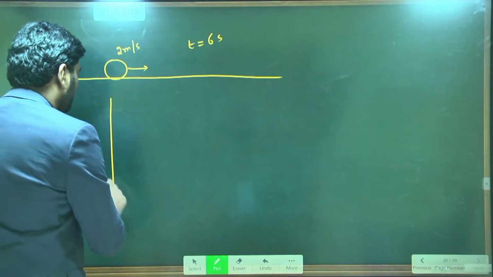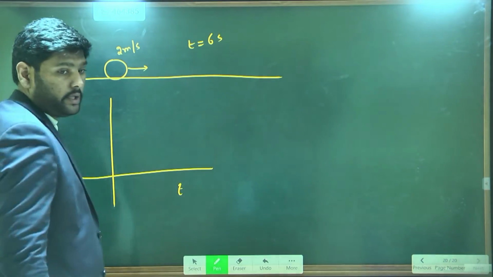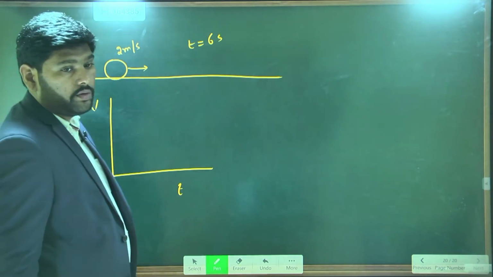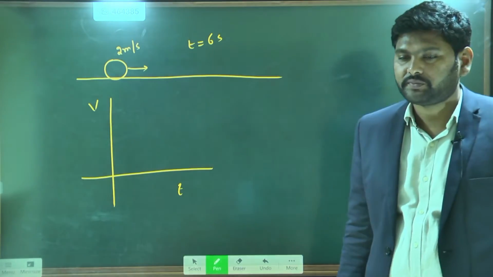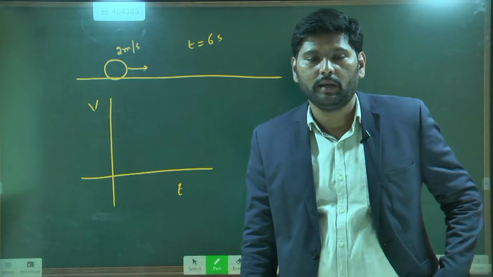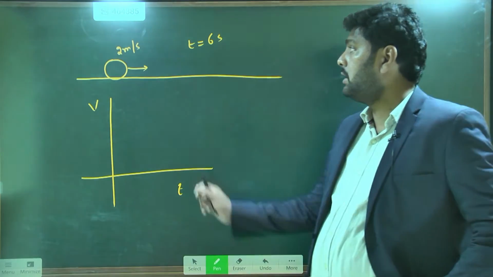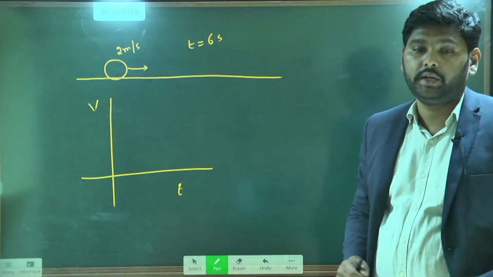You can take time on the x-axis and speed on the y-axis. Now how do you represent it here? Initially it is starting from what speed?